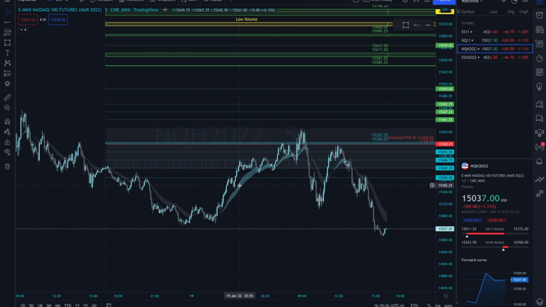The reason I draw these lines is because they help guide me and give me an edge on where price action might be going. And ultimately that's basically what any trader wants, right? They want to get whatever edge they can so they can make good trades.